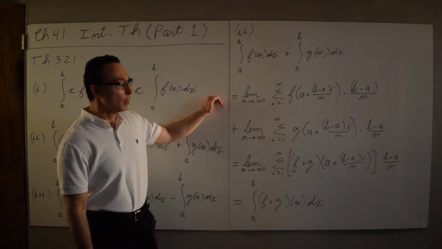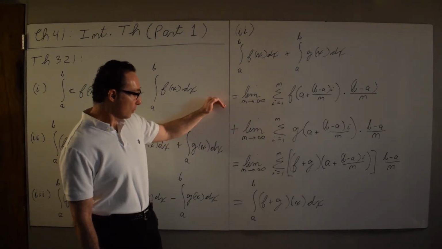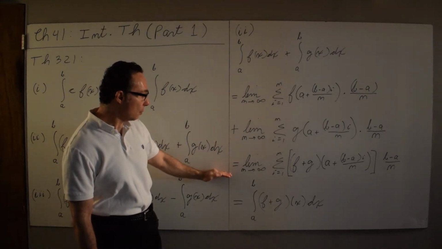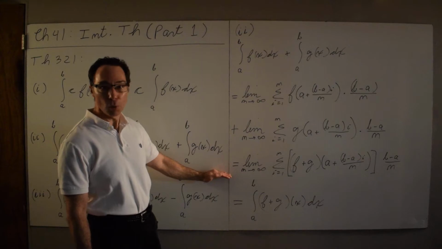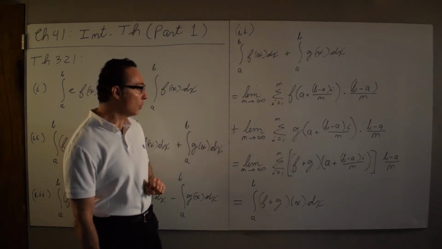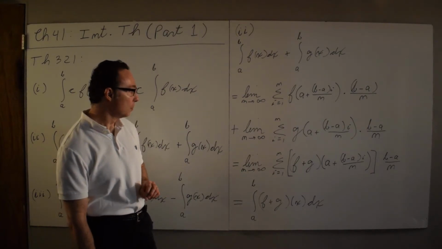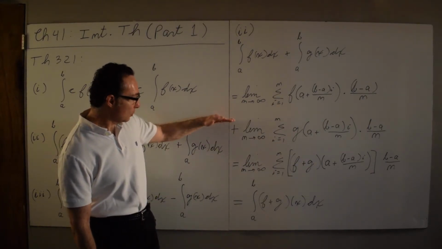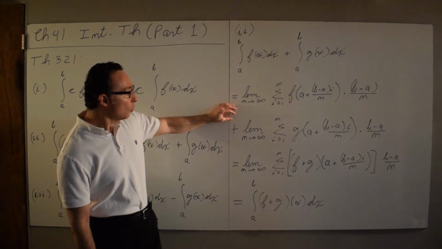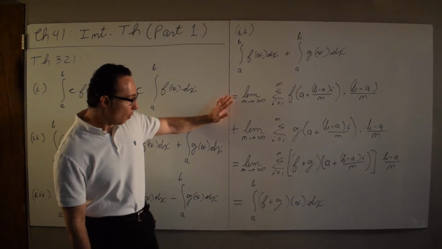Now, we know that the limit of the sum is the sum of the limits, and so that's why we can combine this. Addition is associative and commutative, so we can add things in any order. I skipped some steps algebraically here, but essentially, once you look at this, you can put it all back together.